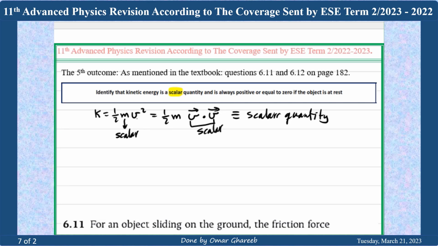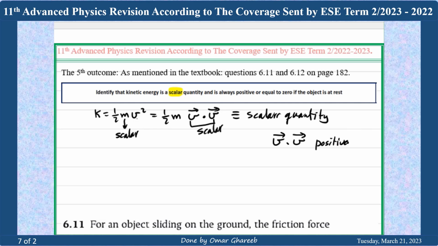Now, v dot v should always be positive, since it is v squared. It is the square of the magnitude of a vector, so it is positive. Suppose v is positive, dot positive, it is positive.